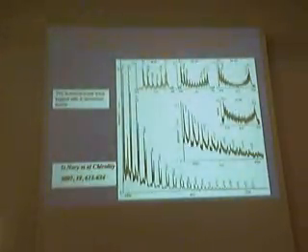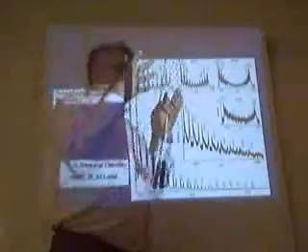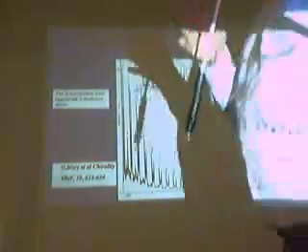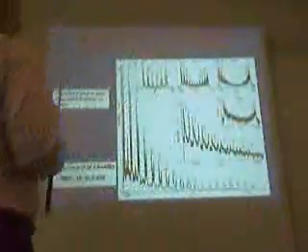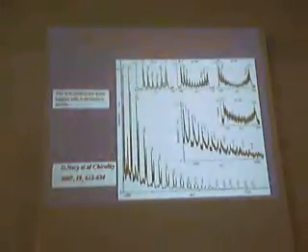And to make a long story short, what we thought was that once the short peptides are formed, they self-assemble into beta sheets, and this crystal structure allowed us to see that they can be aligned in a racemic beta sheet.